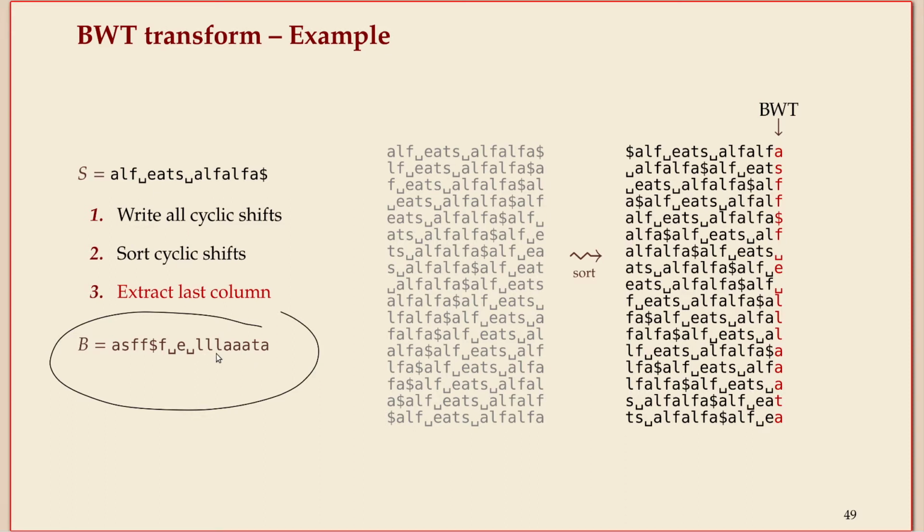You might notice that there are these runs of characters, and that is a typical thing. It's definitely something that happens when the text is repetitive, and that will be what we're after. But the way we got to this BWT might still sound fairly wild.